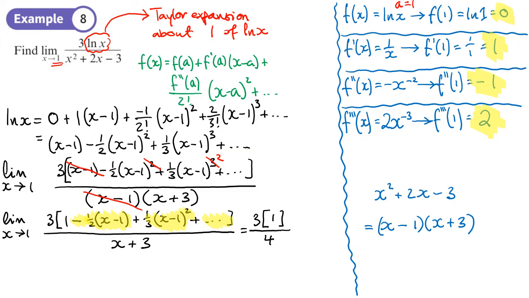So I can now say that the limit as x tends to 1 of 3 log x over x squared plus 2x minus 3 is 3/4. There we go.